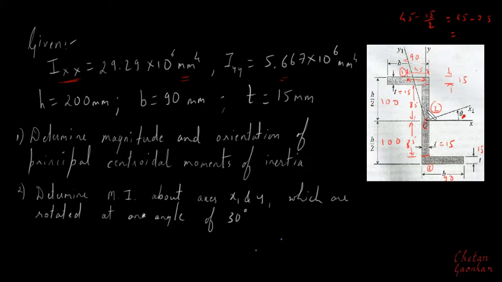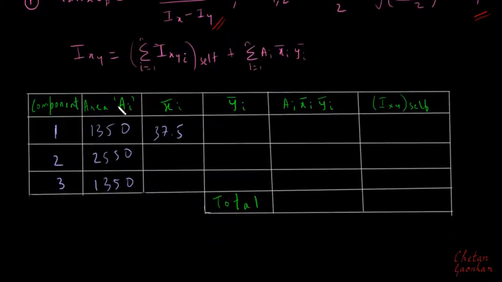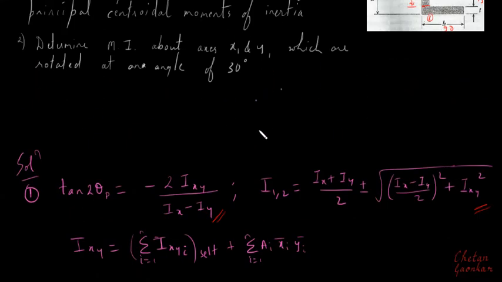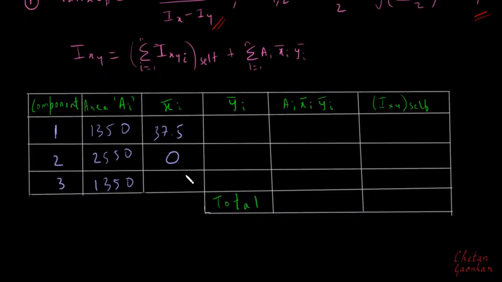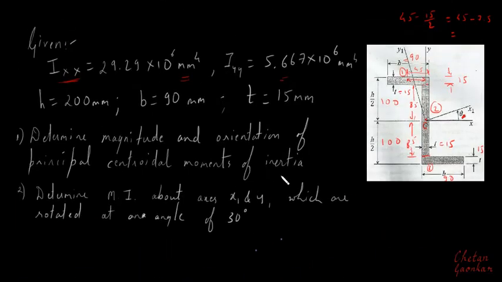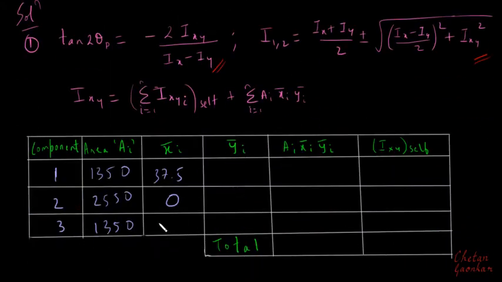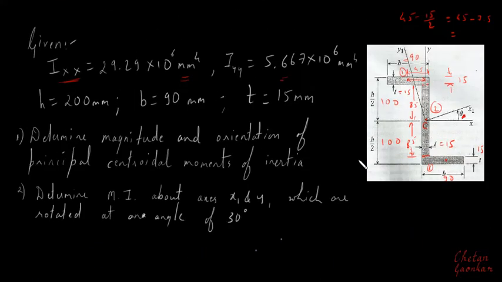Here the y-axis is exactly passing through the centroid, so this distance will be 0, because there is no distance between the centroid of the second component and the y-axis. Then x bar 3 is the distance between the centroid of this and the y-axis, which is again equal to 37.5.